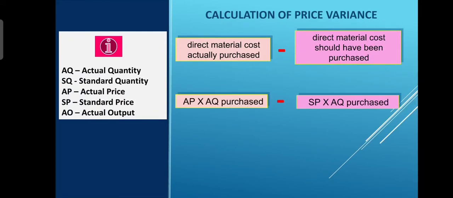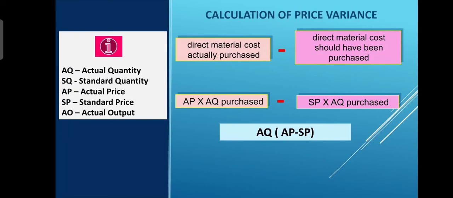It is AP times AQ purchase minus SP times AQ purchase. AP is actual price of the materials, AQ purchase is the actual quantity of the materials purchased, and SP is the standard price of the material.